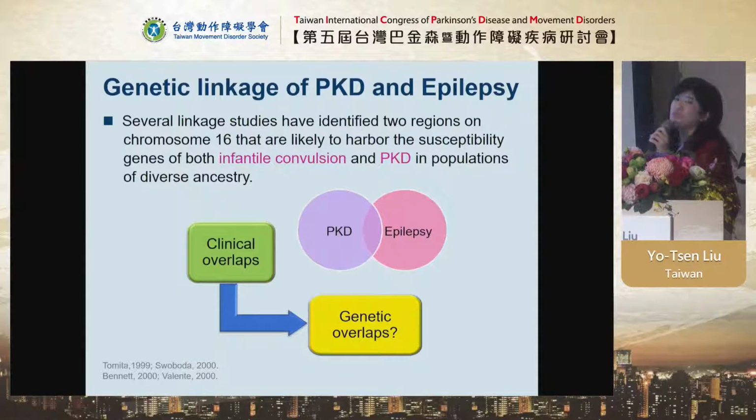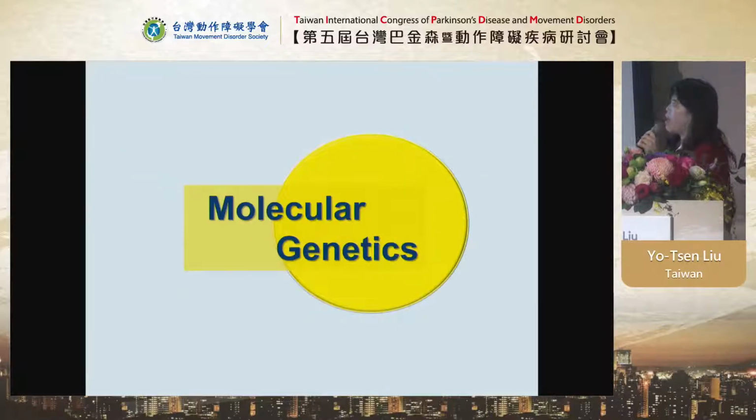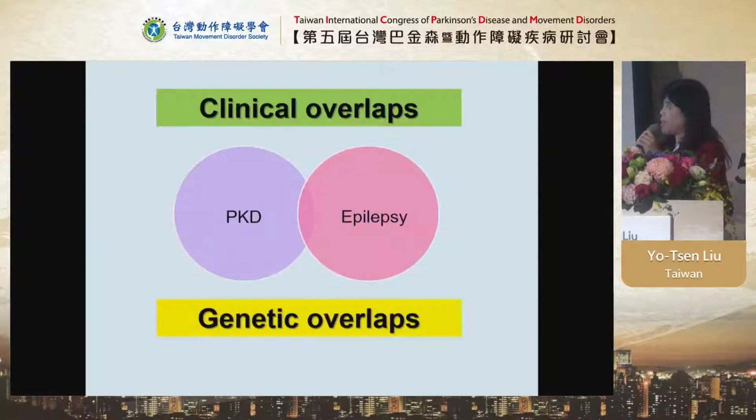So it has also been hypothesized for a long time that the clinical overlap may come from a genetic overlap. We have already known that a region on chromosome 16 may be responsible for both PKD and infantile convulsion. So we will talk about the molecular genetics of PKD.